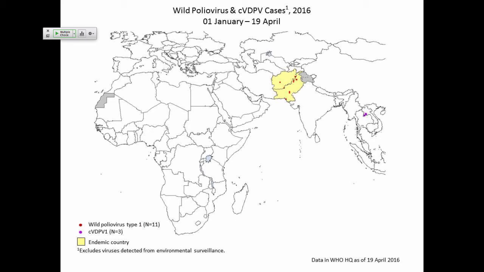Vaccine-derived poliovirus. So this is reversions of the mutations in that vaccine sequence, which are now causing poliovirus disease. And so that is becoming a larger and larger proportion of the actual poliovirus.